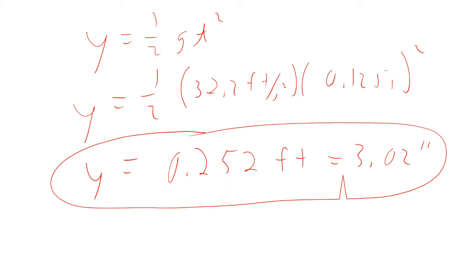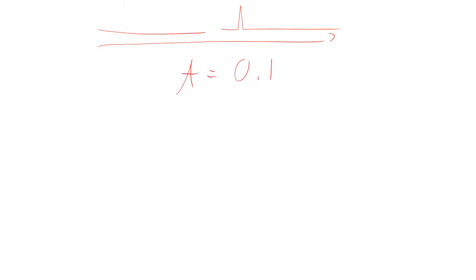What do you think? Would it fall 6 inches if it's twice as far away? Well, if the distance is twice as far, then the time is going to be twice as long. So that means the time, instead of being 0.125 seconds, would be 0.25 seconds. So a quarter of a second.